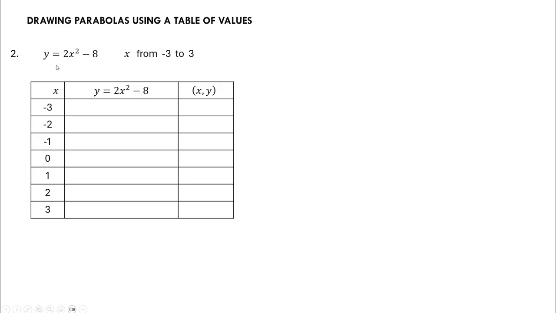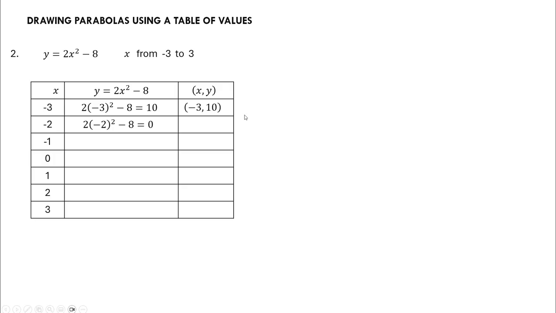Question 2, we have a new equation, 2x squared minus 8. Once again, we're simply going to substitute these x values into the equation from -3 to 3. So we'll start plugging them in. Substitute -3 in. We get a y value of 10, so our coordinate is -3, 10.